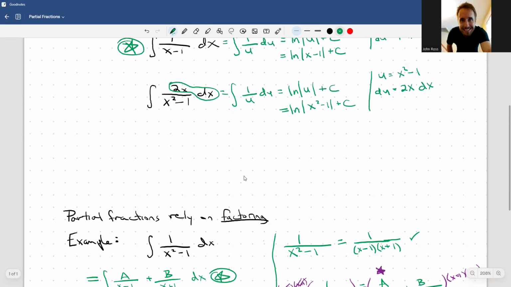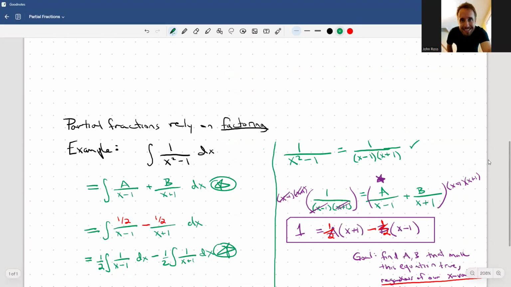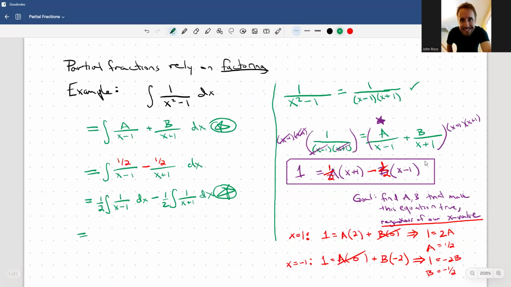Let me scroll up. In the starred technique, we had a 1 in the numerator and an x minus 1 in the denominator. The x plus 1 will behave similarly. We can use u substitution for each of these, letting u equal the expression in the denominator. What we'll see is that this first piece, the integral of 1 over x minus 1 dx, just like up above, became the ln of absolute value x minus 1.